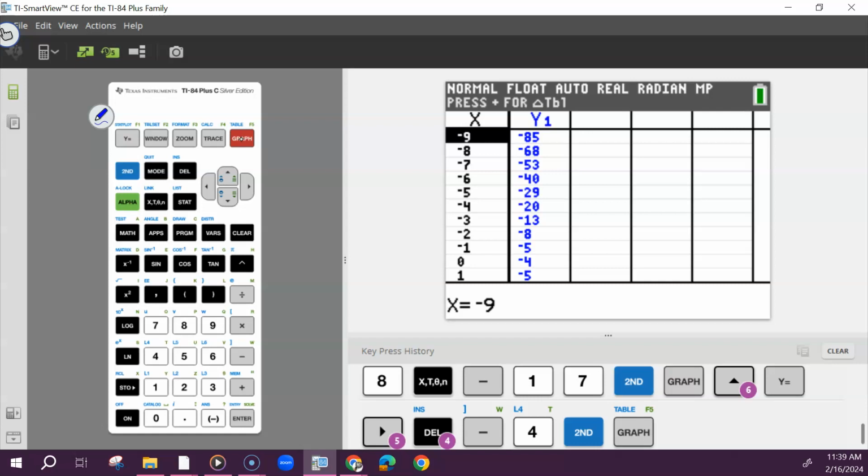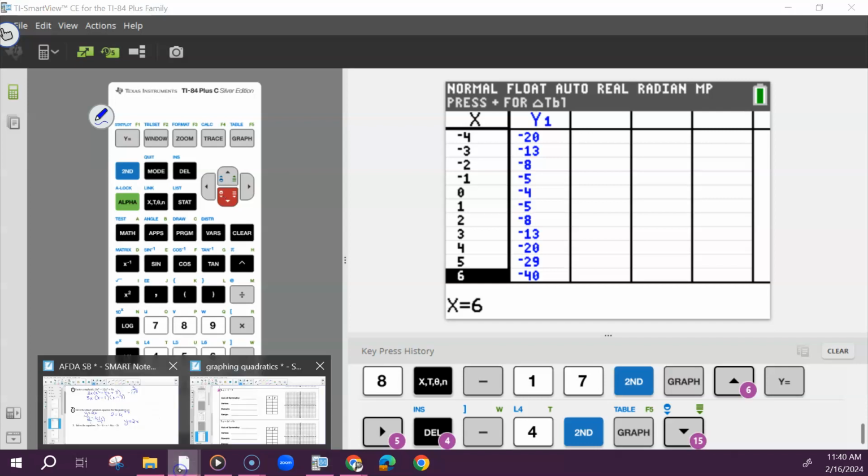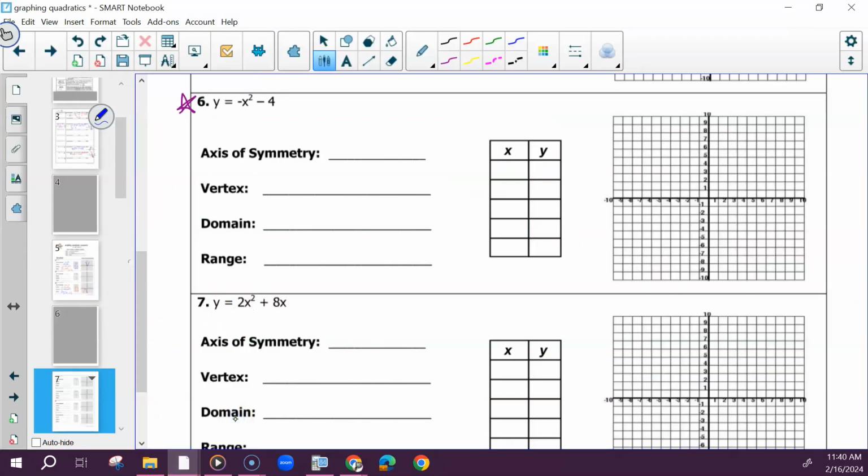You may have to scroll back down. Where's the middle? 0, -4. So that's our vertex. Our axis of symmetry is x equals 0.